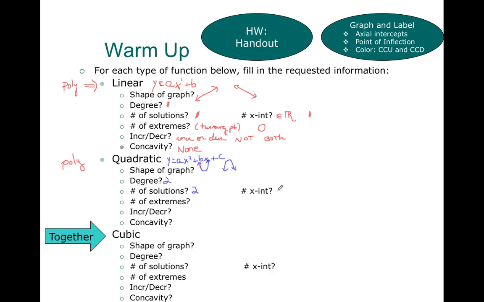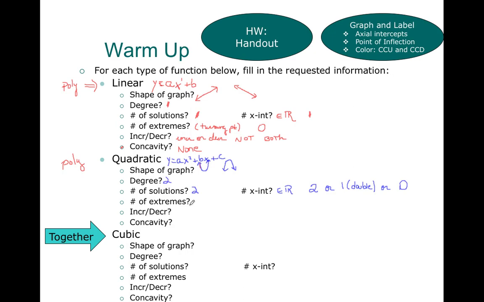But how many x-intercepts are there? Right? There might be 2, or there might be 1 that we call a double, or there might be none x-intercepts, right? But there are always 2 solutions. What about extremes?